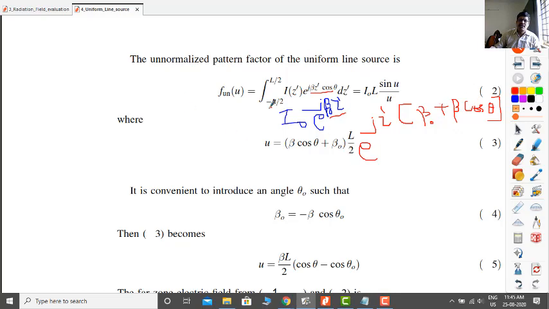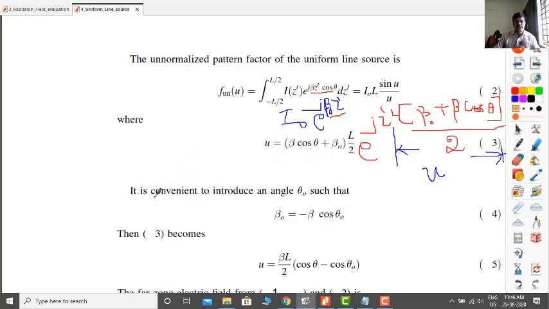After the integration, we have this beta 0 plus beta cos theta, and L by 2 will come as an exponent after substituting the limits. These portions we have taken as u, some function as u. So this is the u.